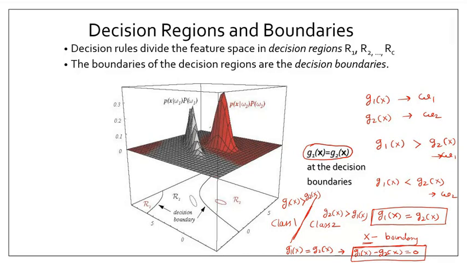Okay, here you can see a boundary like this between, say, region 2 and region 1. So this is a curve which is coming from our base decision. So we are taking into account the product of likelihood and prior.